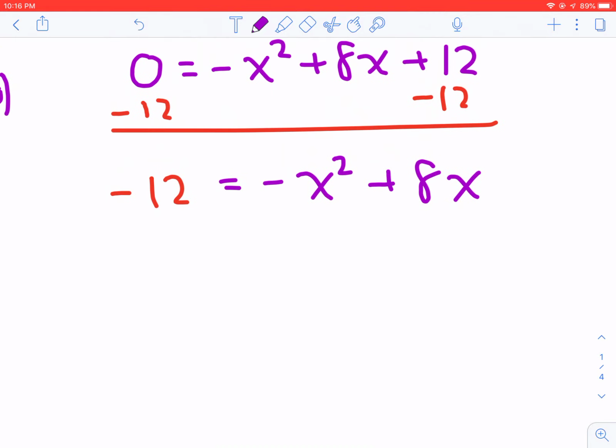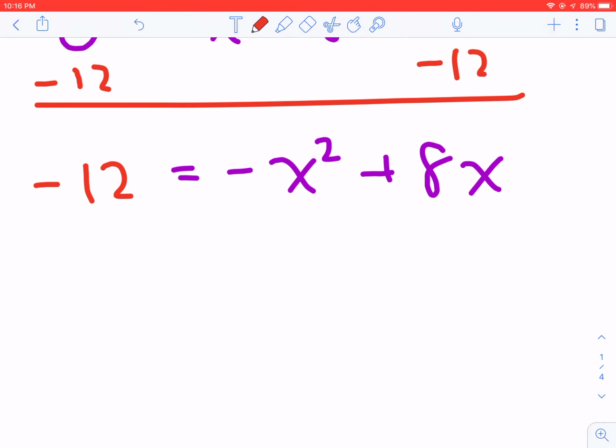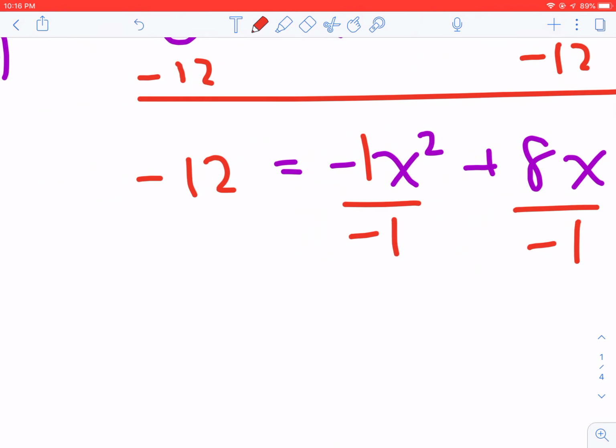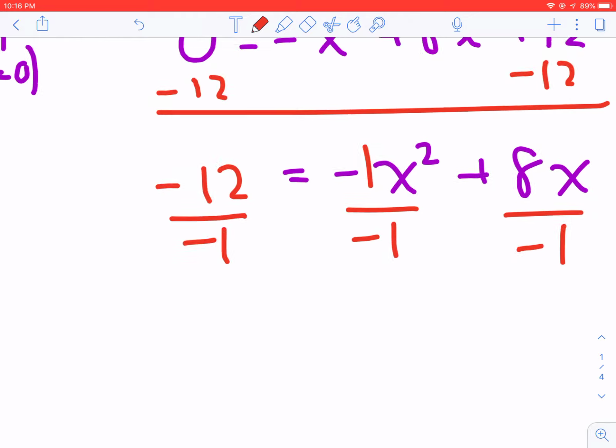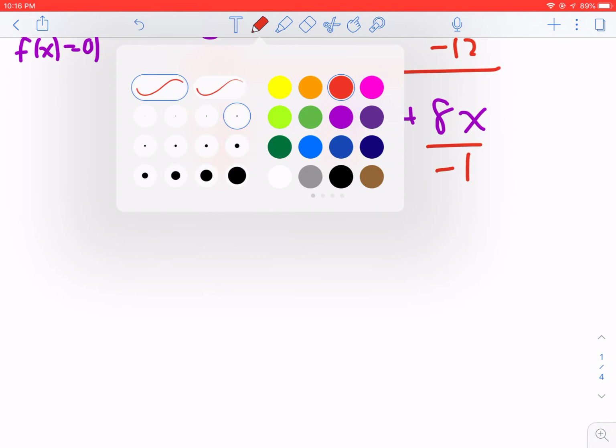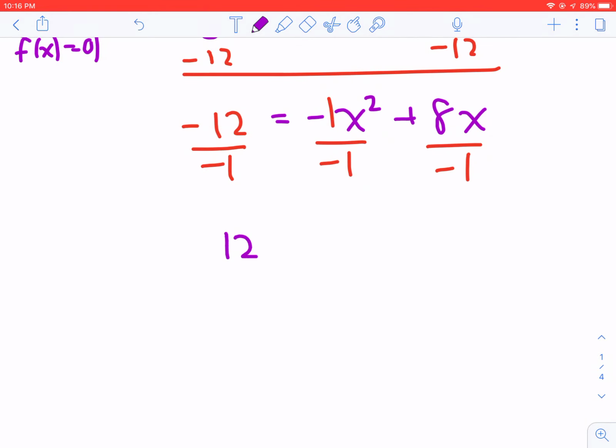When we did vertex form, we factored out the negative 1, and you can still do that here if you want. But when we're solving the equation, it's typically easier to just divide everything by negative 1, divide everything by that a value. And that's going to give us 12 equals x squared minus 8x.